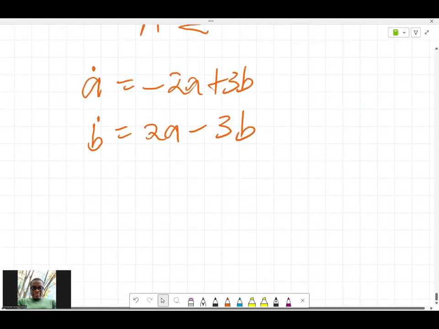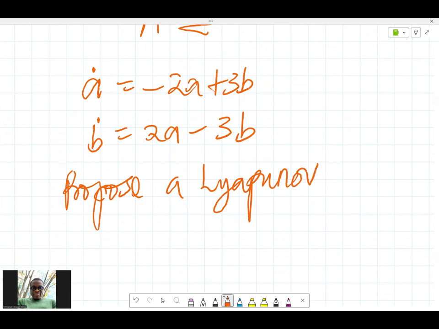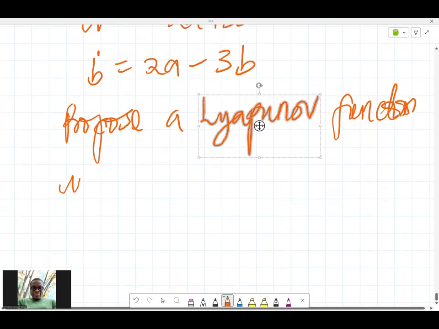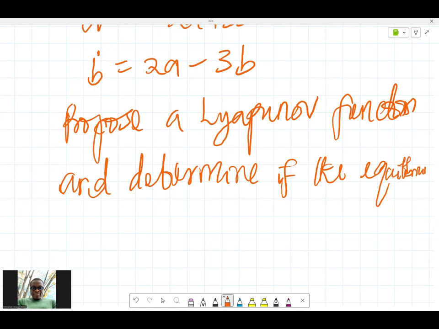So the question is to propose a Lyapunov function and determine if the equilibrium is asymptotically stable.